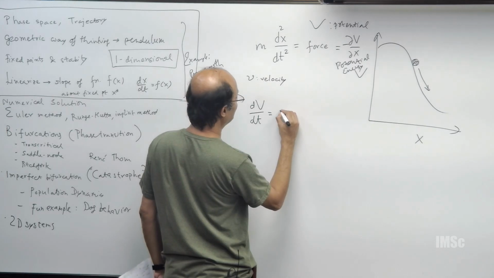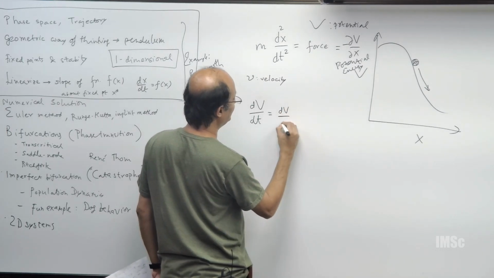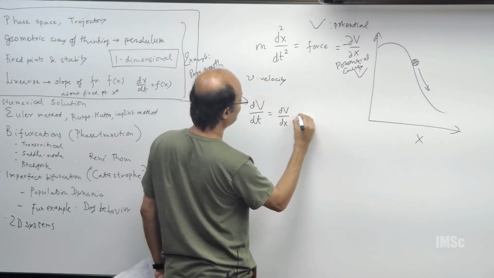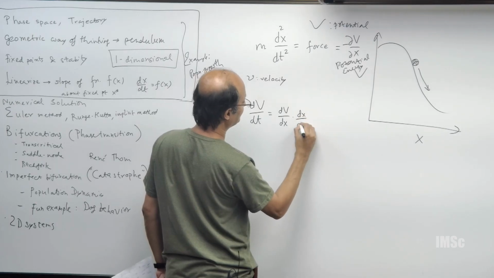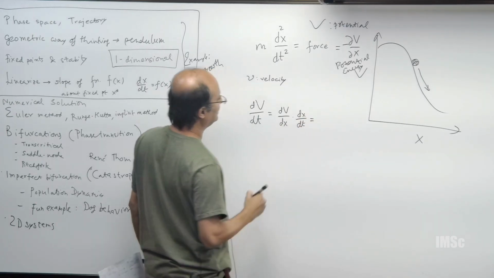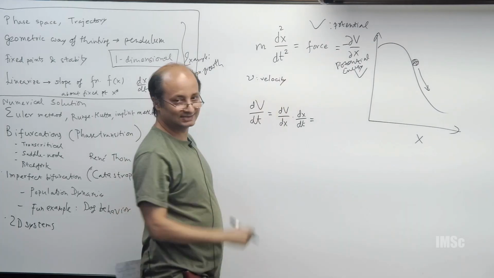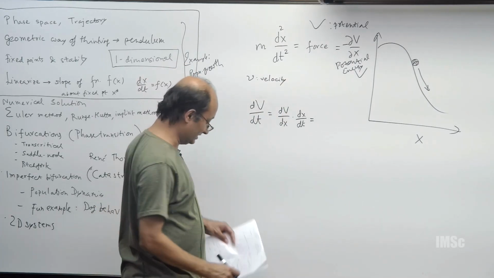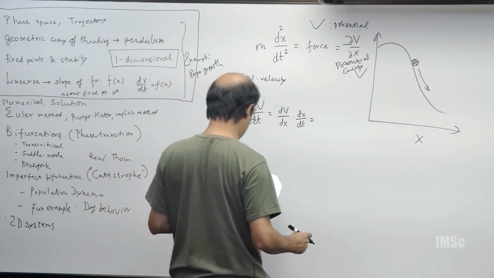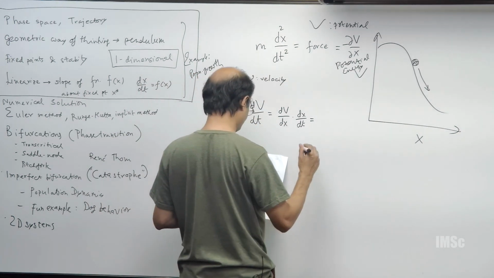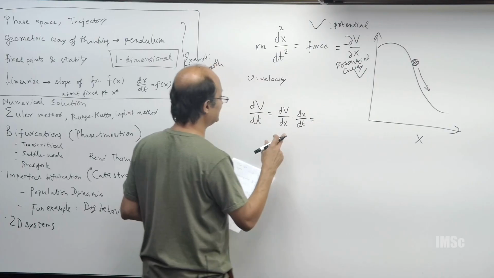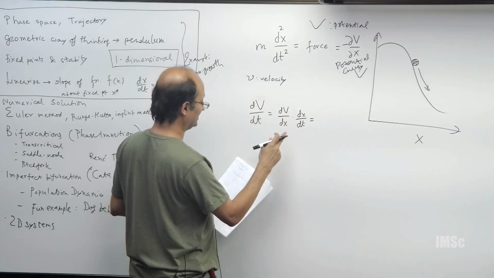So, I can write this using chain rule as dV dx dx dt, okay. Now, what is this? This is just this quantity that I already looked at, right. And what is dx dt? dx dt is just simply the velocity, okay.